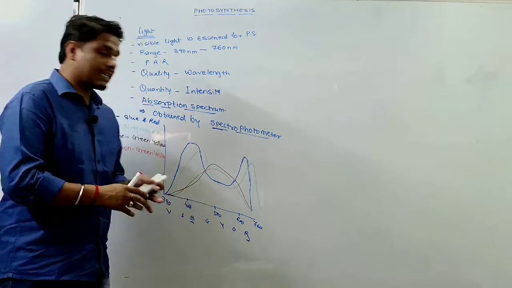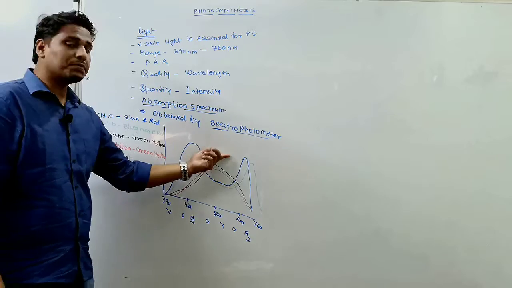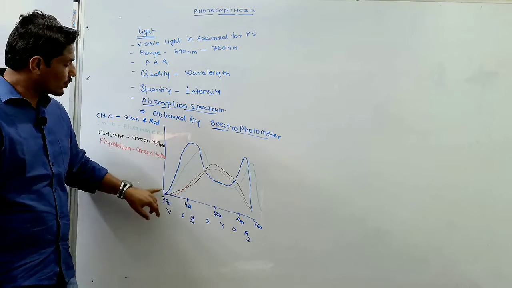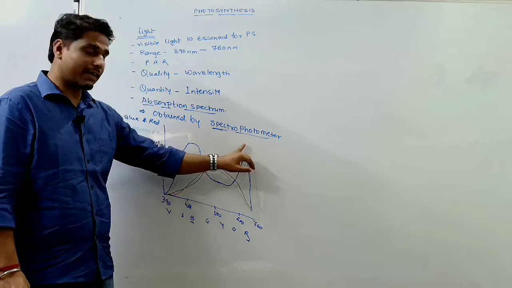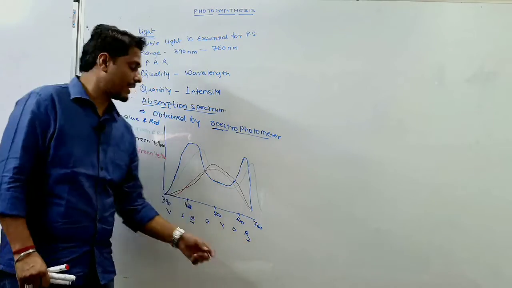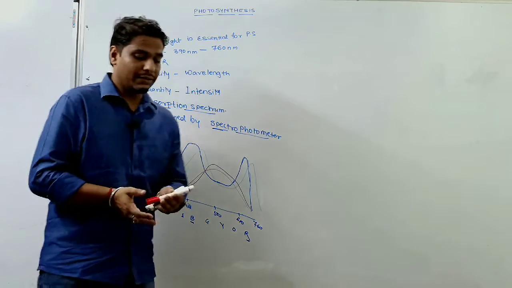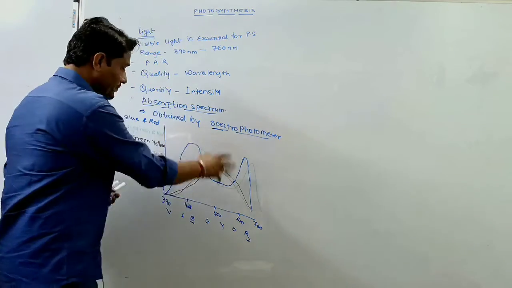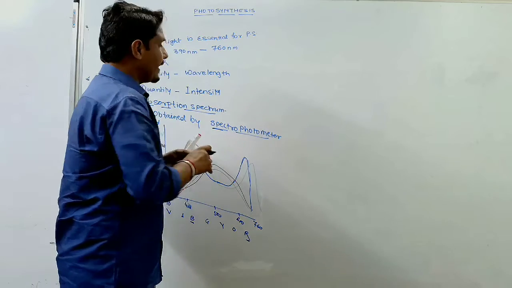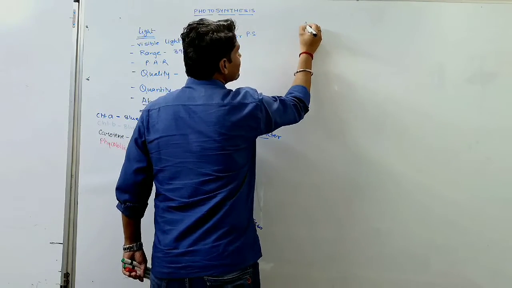So this graph represents the absorption of light by photosynthetic pigments. Chlorophyll A shows two peaks, at the blue region as well as at the red region. Chlorophyll A absorbs maximum light, and this absorption is interpreted by the action spectrum.